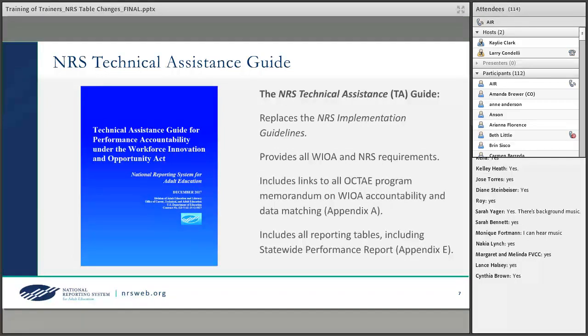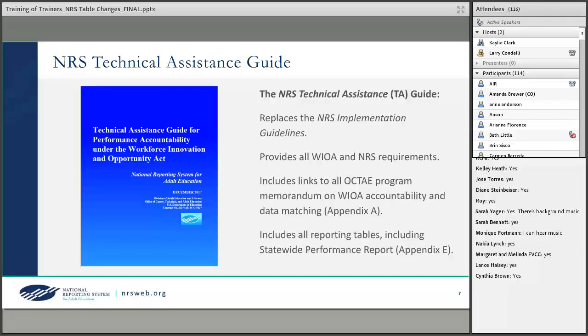All right, so let's look at the new NRS Technical Assistance Guide, which is available on our newly revised website. It replaces what we used to call the NRS Implementation Guidelines. It came out about mid-January, right after the new year, and we made it available to everybody. I think it's had quite a number of downloads.